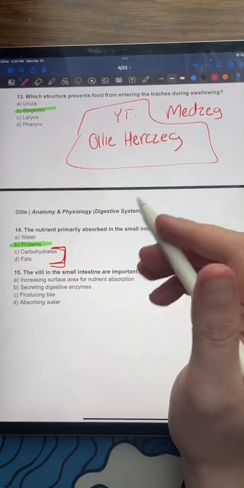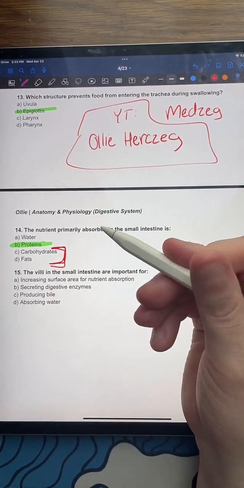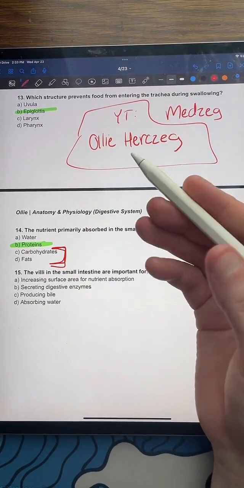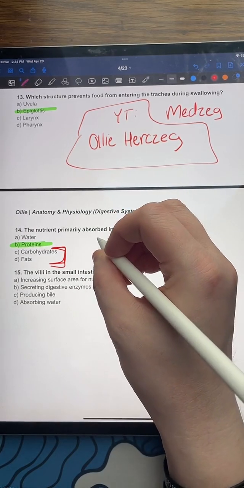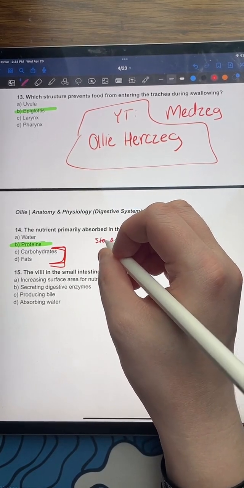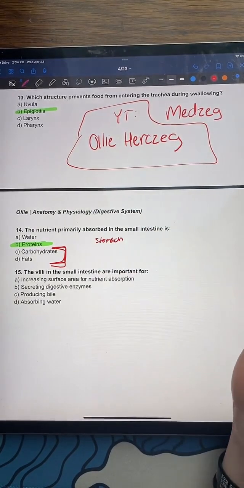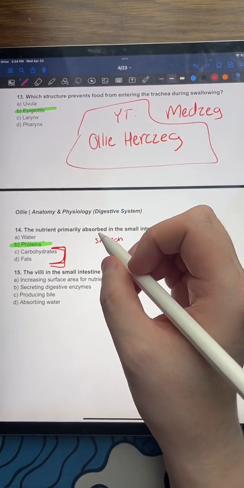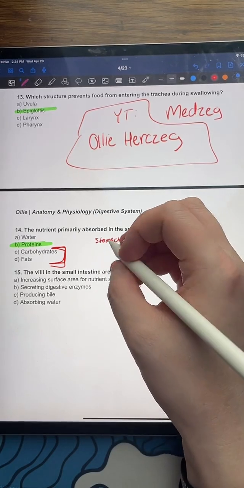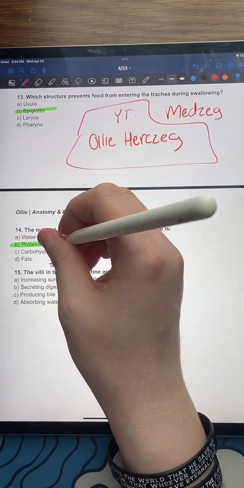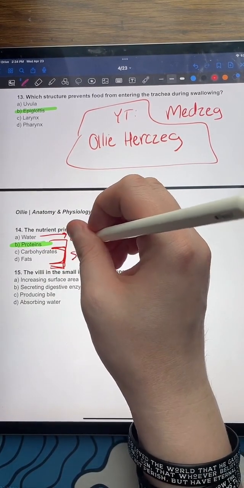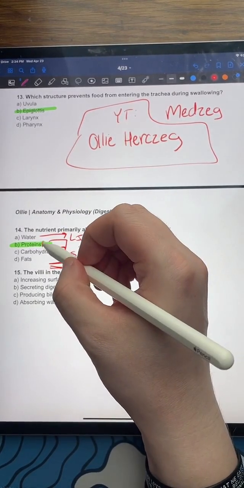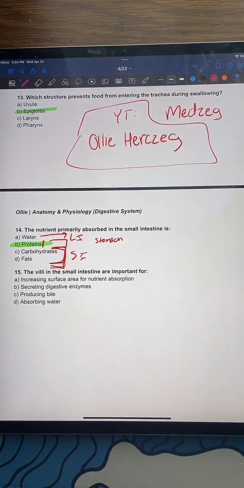Protein is what is primarily absorbed as amino acids after it's digested by pepsin and trypsinogen. Remember that a lot of digestion occurs in the stomach for proteins, so it's already been broken down a lot more. Again, carbs have been broken down by amylase in the mouth. All of these are absorbed in the small intestine. Remember, water is absorbed in the large intestine. But this is the most primarily absorbed one. Sorry about that, by the way. It is proteins.